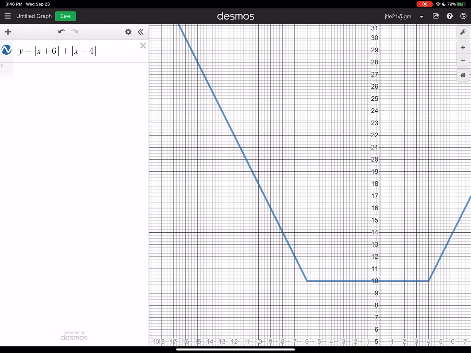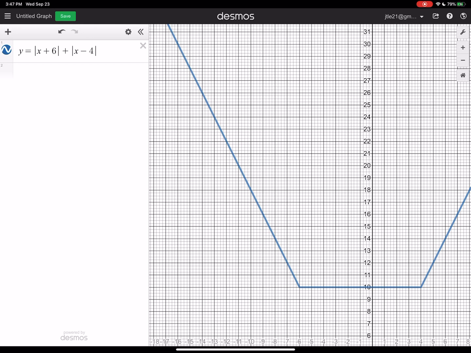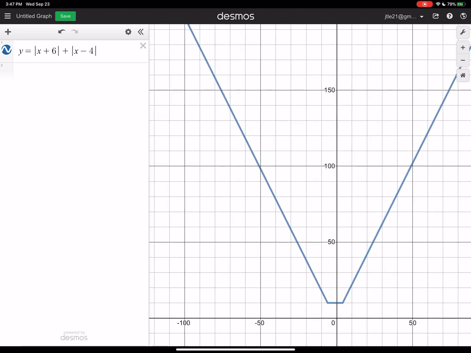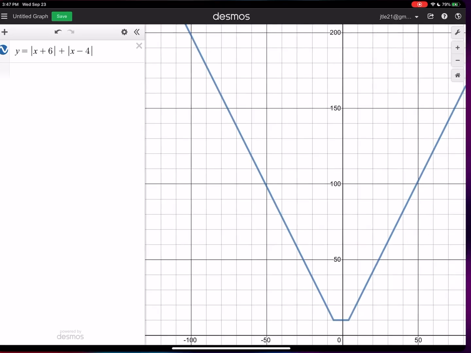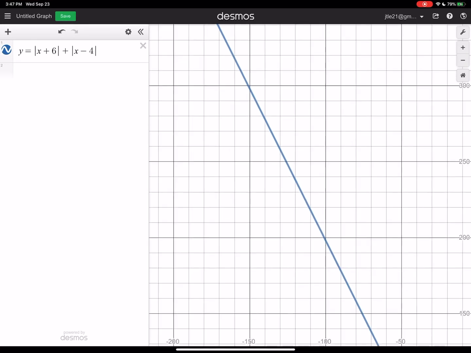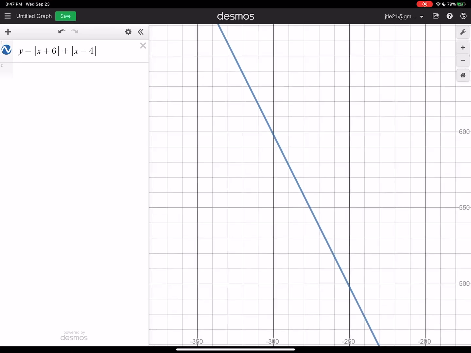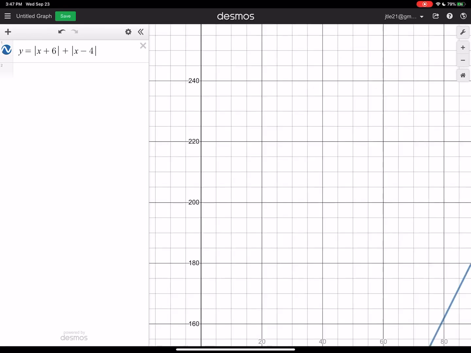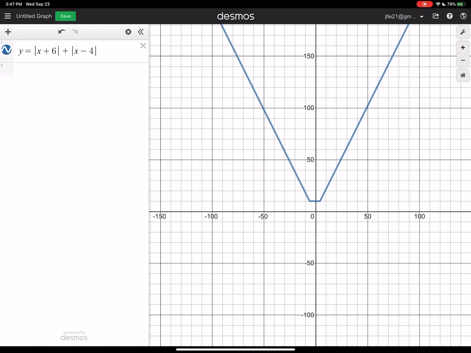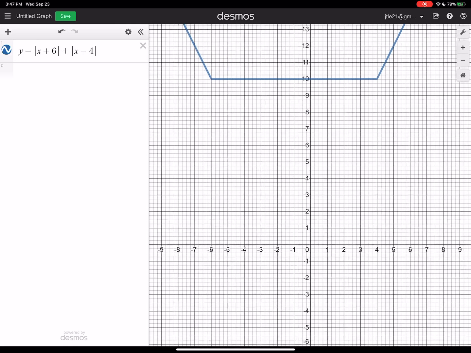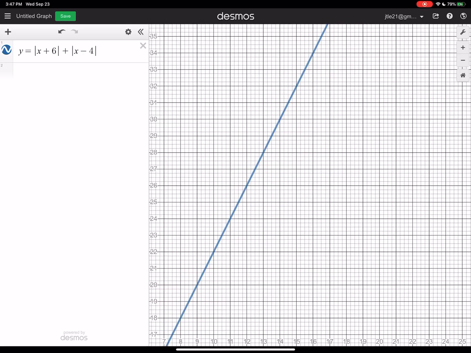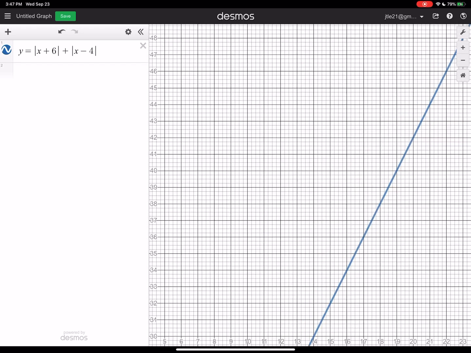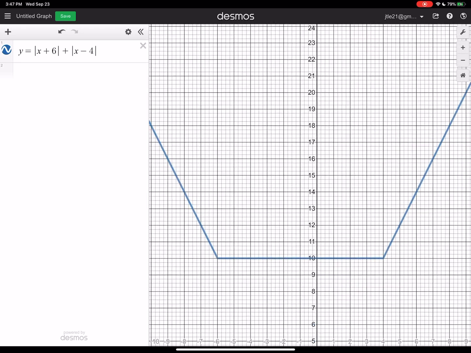So notice if I zoom out, if I follow the graph towards the left, the graph is going to continually go all the way up here. Okay? And same reason, let me zoom in at the right part. If I follow the graph to the right, it's safe to assume that this graph will always go up and up and up and up. Okay? So this is called end behavior, which we'll get to in another lesson.